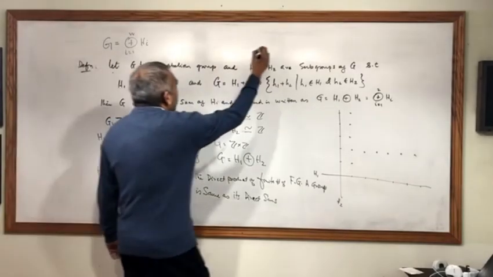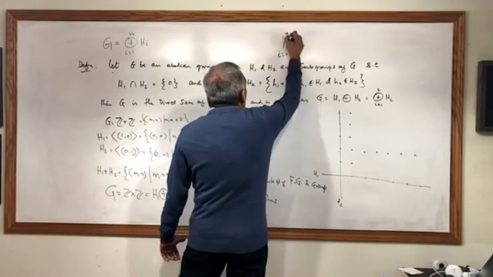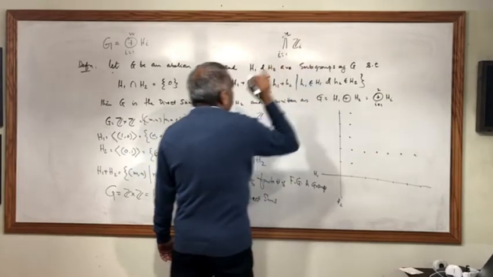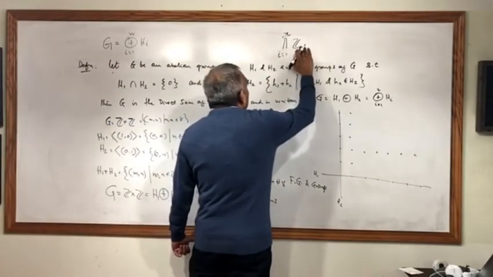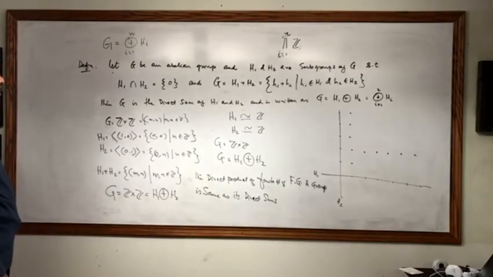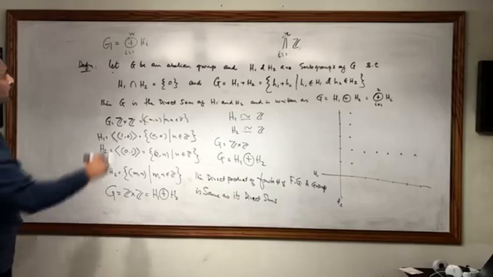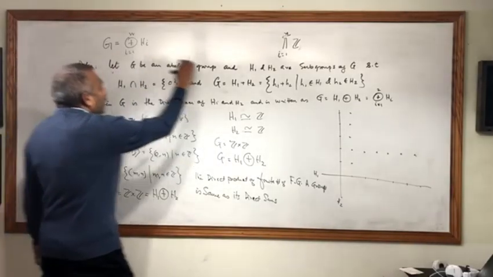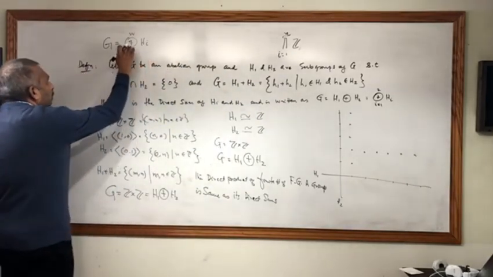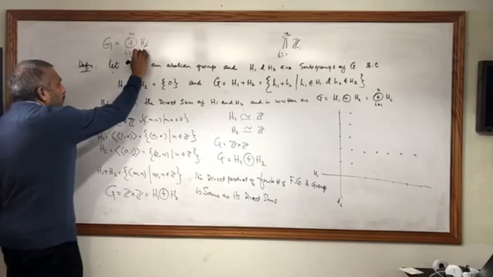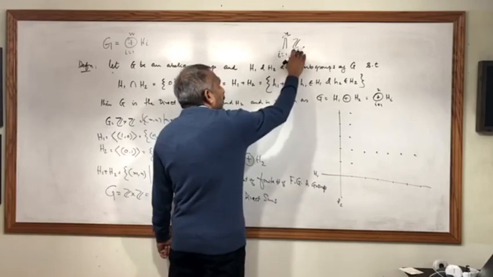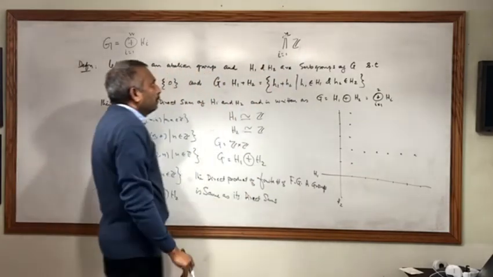This is actually similar to the product over i equal to 1 to n of Zi, because these are all a finite number of elements. This is a direct sum of a finite number of subgroups. This is actually the direct product of n finitely generated groups.